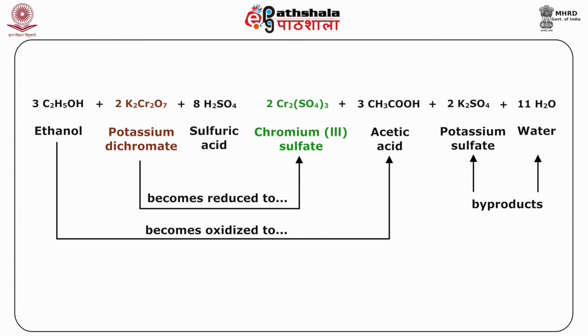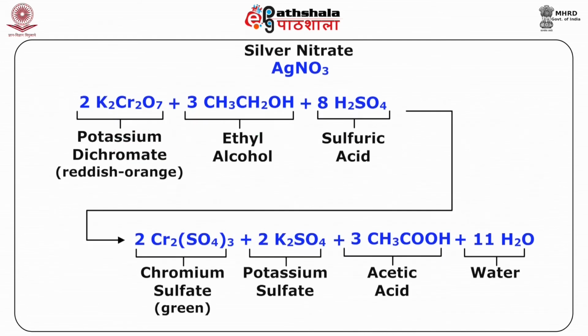During this process of oxidation, the dichromate solution gets destroyed. It is the extent of this destruction which is measured by the breathalyzer and the BAC is determined. The chemical equation depicts the changes that take place in the ampule.